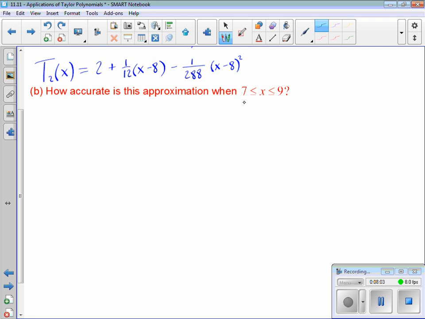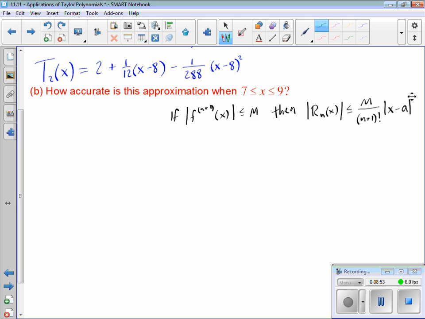So if the absolute value of the n plus 1 derivative, because we'll be using this a lot, at x is less than or equal to M, then, so I'm just writing what's under that third bullet on the first page, the absolute value of R sub n of x is less than or equal to M over n plus 1 factorial, and then the absolute value of x minus a to the n plus 1.